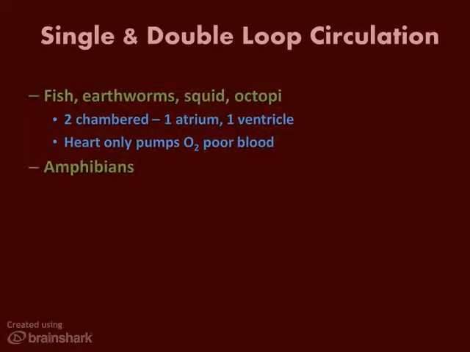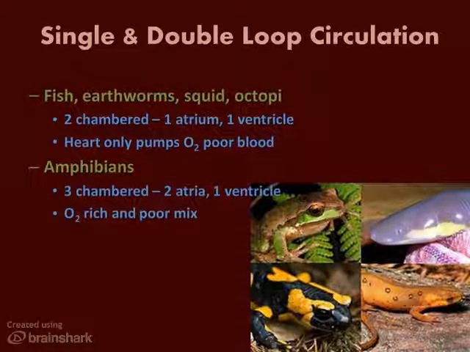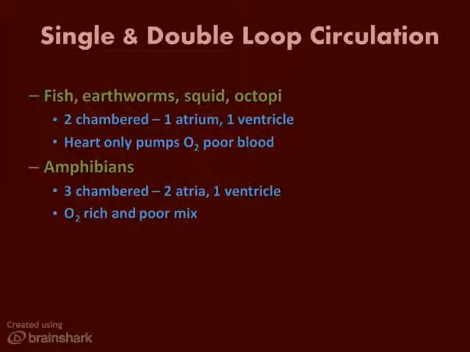Amphibians, like frogs, toads, salamanders, and caecilians, have a three-chambered heart with two atria and one ventricle. Oxygen-rich and poor blood mix in the ventricle, so what goes out to the body is not fully oxygenated.